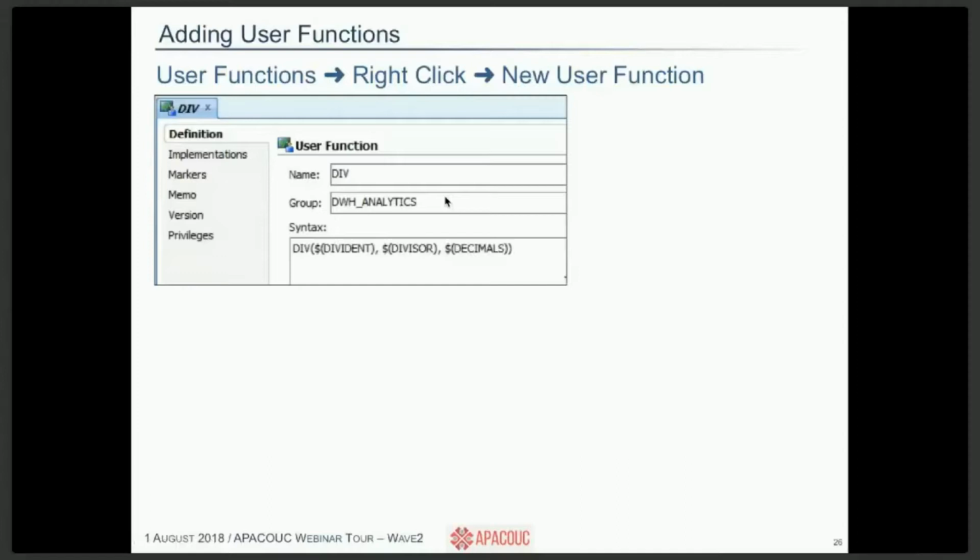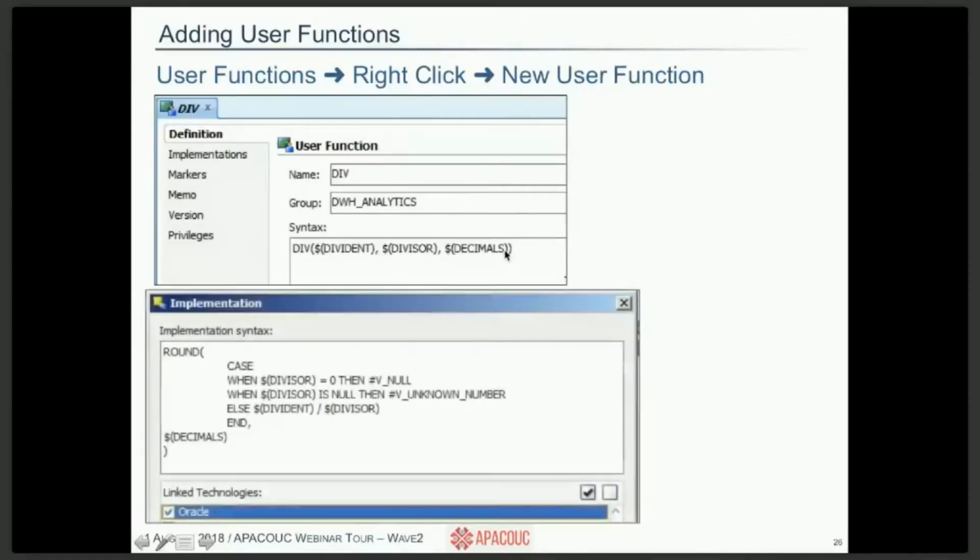If you have many functions, which is so common, you can group them with analytics or any other things, and you can write a syntax here with $. For instance, this div function requires 3 parameters: dividend, divisor, decimals.